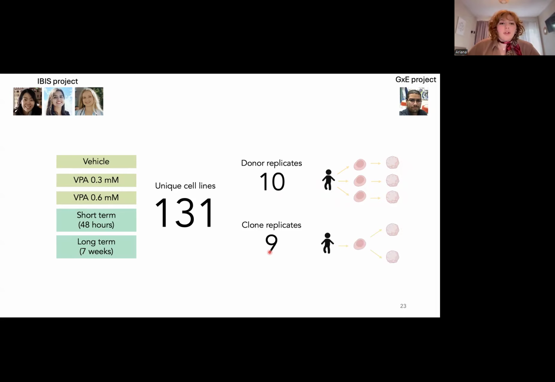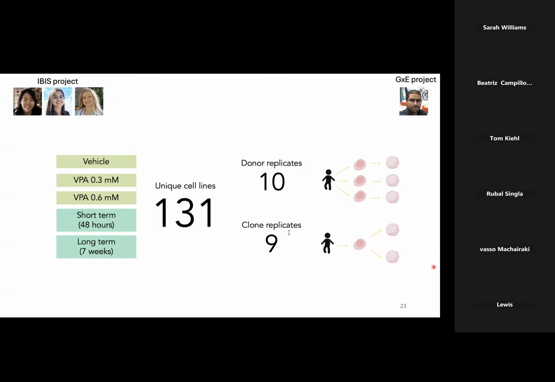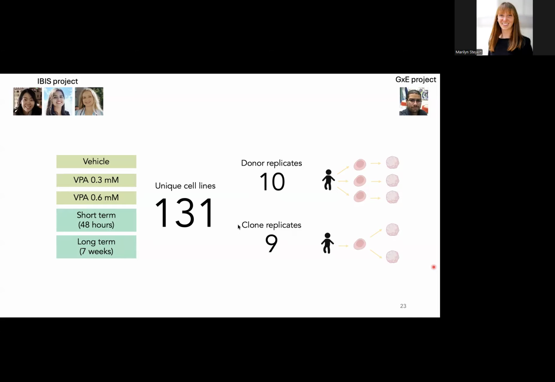And then we also have clone replicates, where from the same iPSC line from the same individual, we generated organoids 2 different times. So in total, we have around 160 differentiations, including the replicates. To our knowledge, this is the largest cortical organoid data set of its kind, and it gives us the power to look at response eQTLs across two doses and two exposure durations.